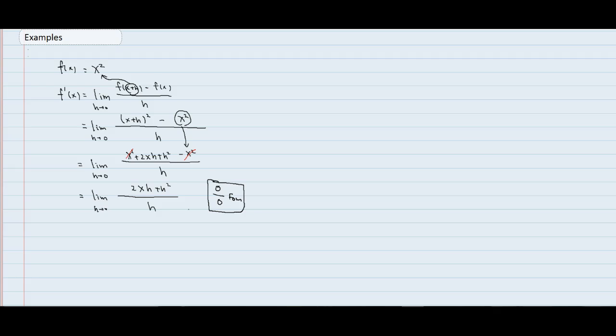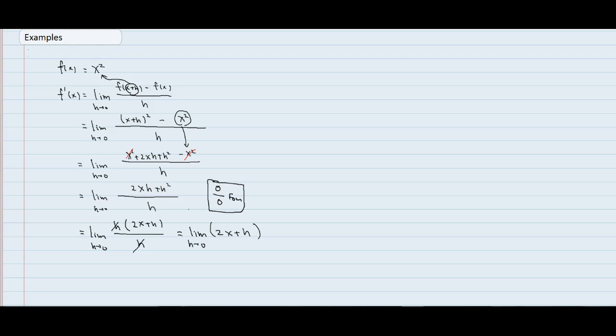And so in this case, just like we did before, we are going to factor out the common factor of h in the numerator to get 2x plus h left inside the parentheses. And the common factor of h cancels out. So limit as h goes to 0, and what I have left is just 2x plus h.